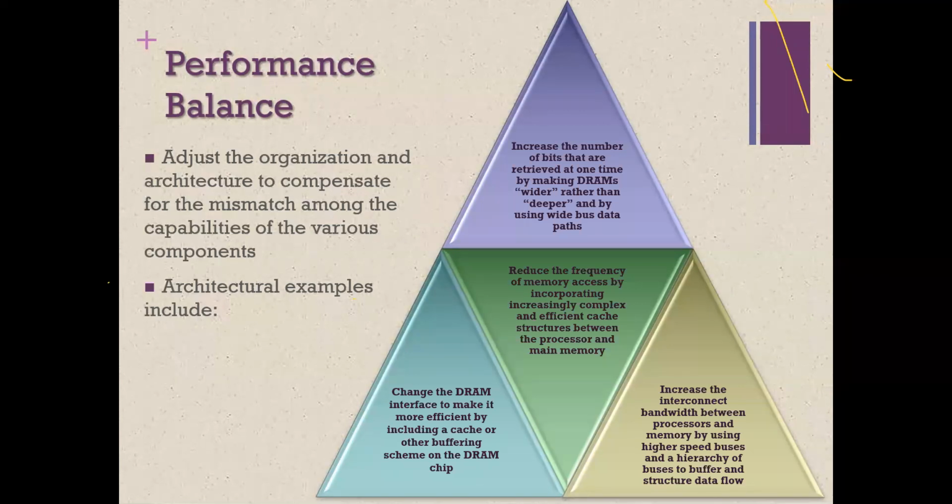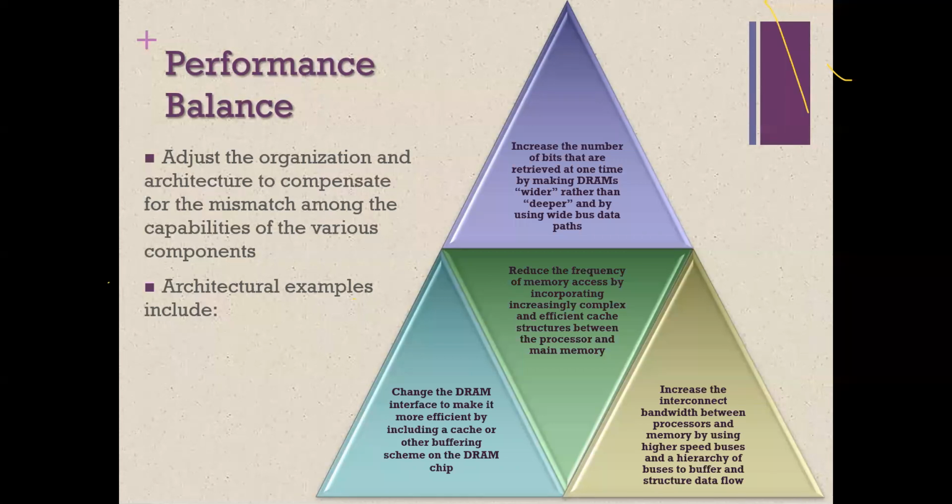So there is the need to make an adjustment of the organization and the architecture in order to be able to compensate for the mismatch amongst the capabilities of the various components that we're dealing with.